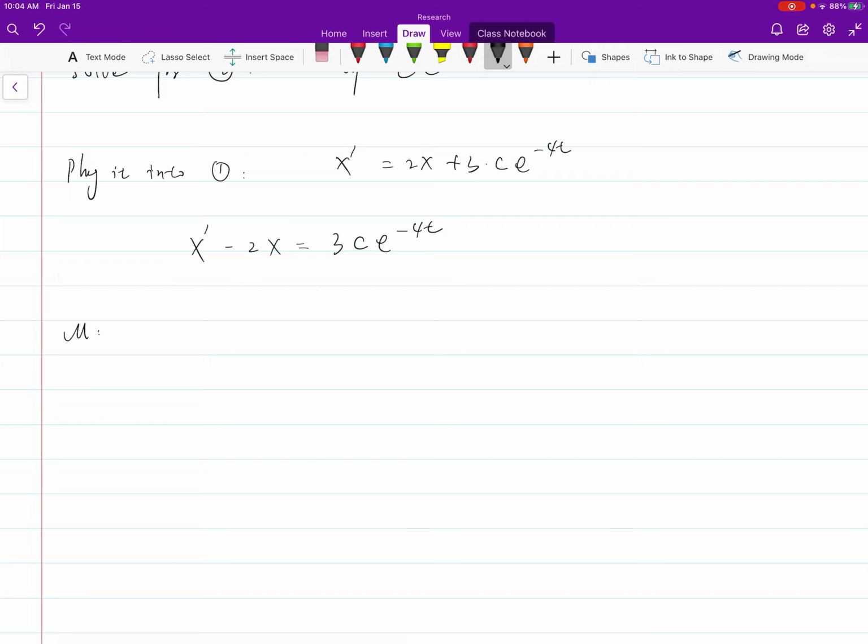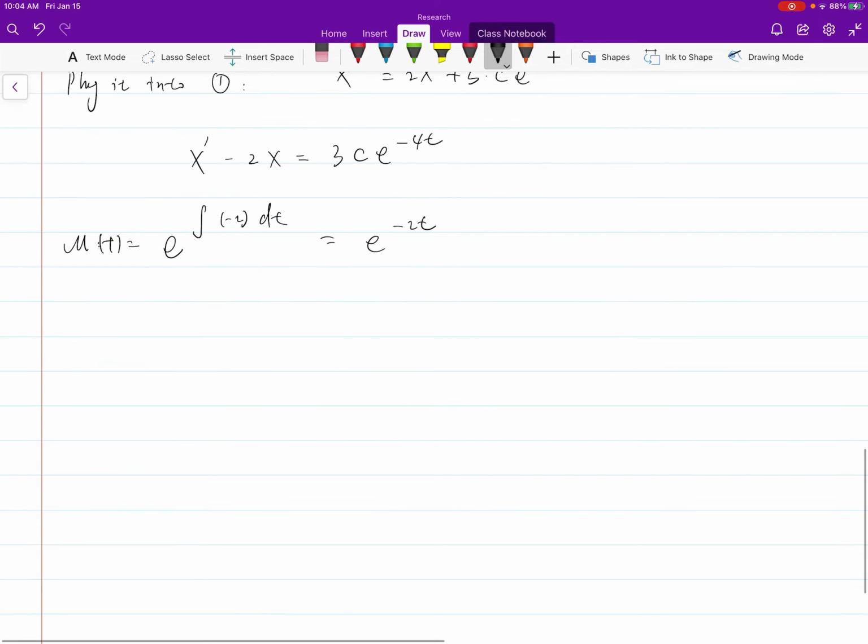Therefore, we have an integrating factor mu of t equals e to the integral of -2 dt, which is e to the -2t. Therefore, e to the -2t x prime minus 2 e to the -2t x equals 3c e to the -6t.